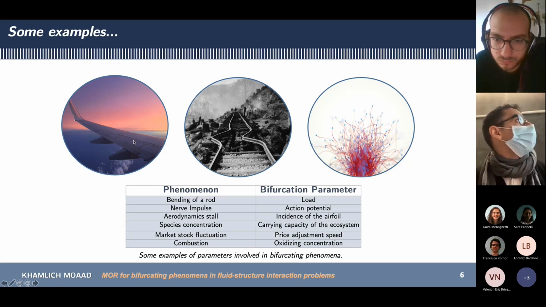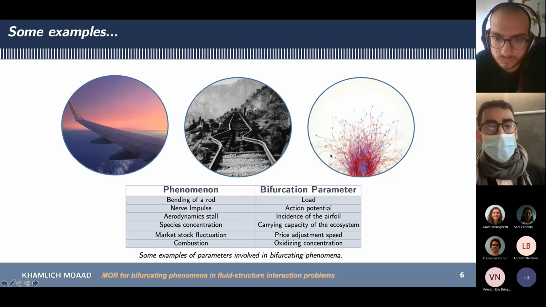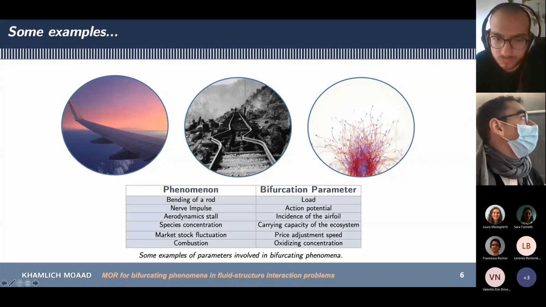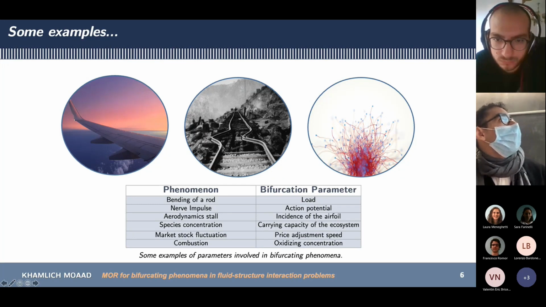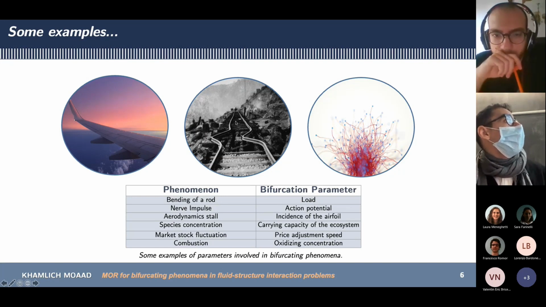In that case, the bifurcation is led by the change of a parameter, which is the wind incidence, so the angle between the wind and the airfoil. Another classical example that I'm sure everyone knows is the beam under compression, for which we know there is a critical value of the load, over which the beam is no longer able to maintain a straight shape.